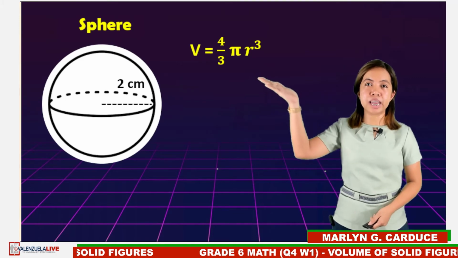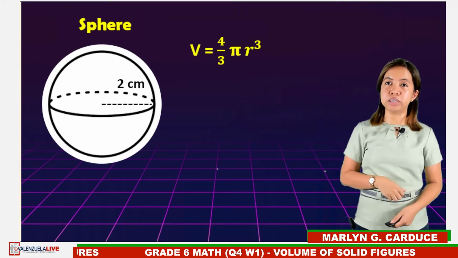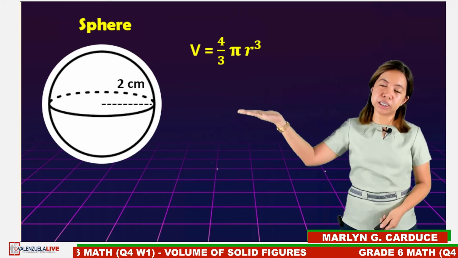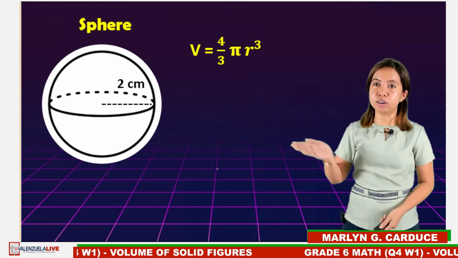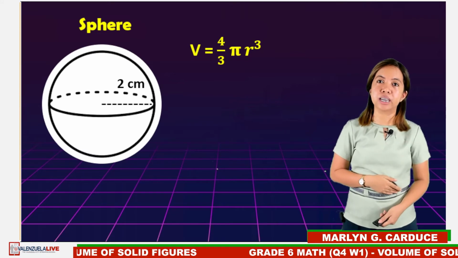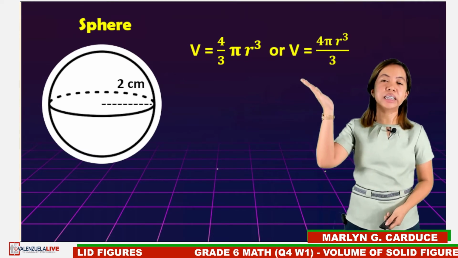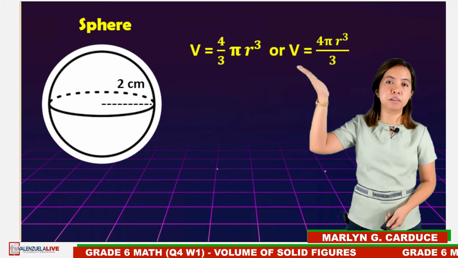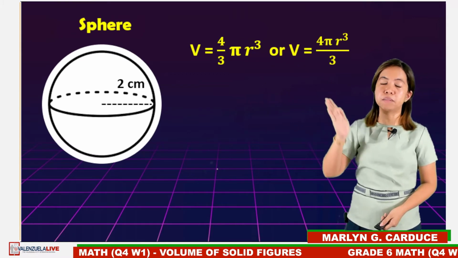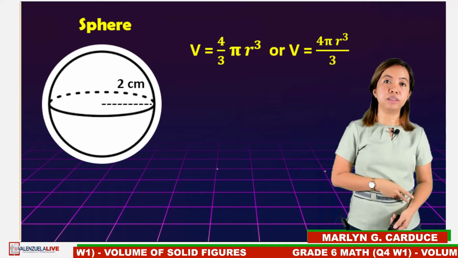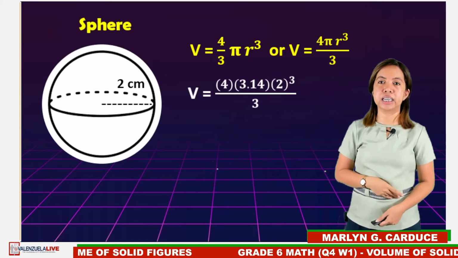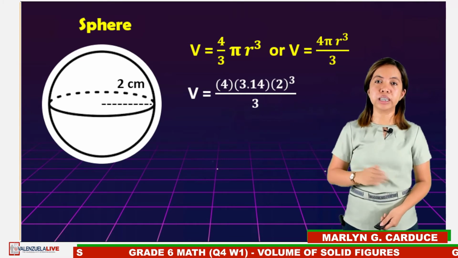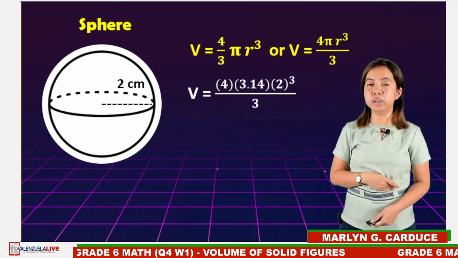Okay, so let's apply again the obtained formula in our given solid figure, which has a radius of 2 centimeters. We can also rewrite the given formula, which is 4/3 times pi times r cubed, like this: 4 times pi times r cubed divided by 3. So let's substitute all the given lengths. So 4 times 3.14 times 2 to the 3rd power.